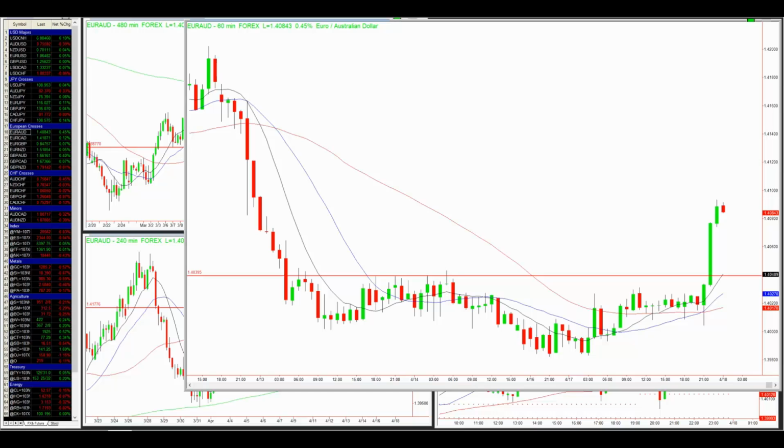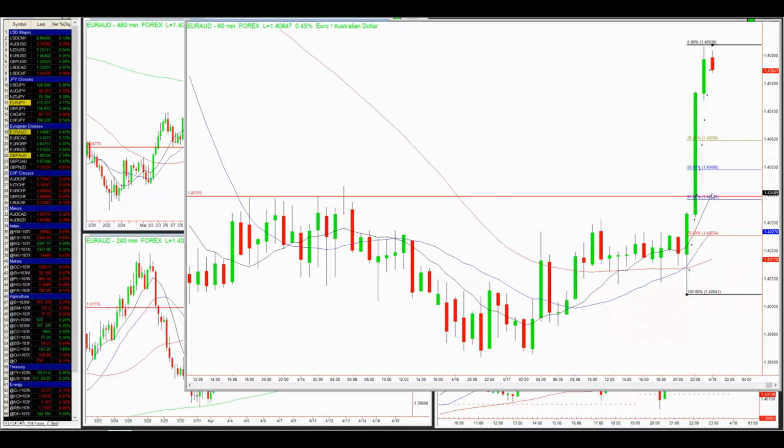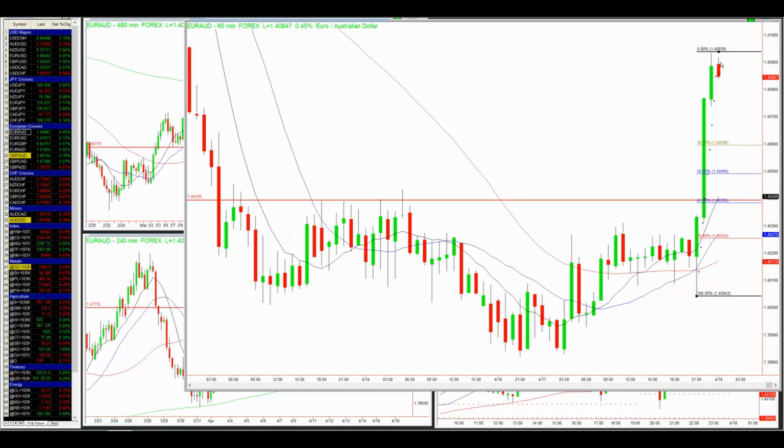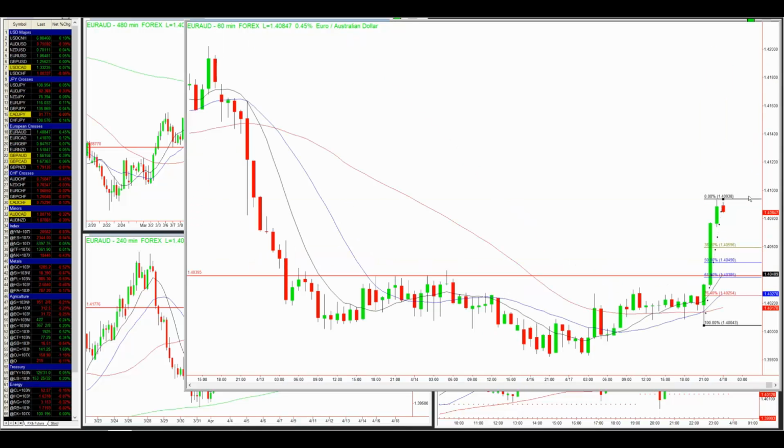Then also, if I draw a Fibonacci retracement line from this low up to the high, this is also at the 61.8% retracement. So there are multiple technical factors pointing to the price reversing up from this 1.40540 level.